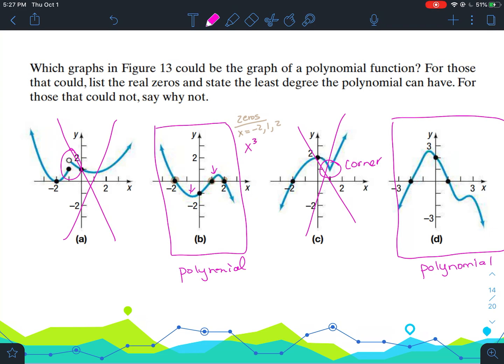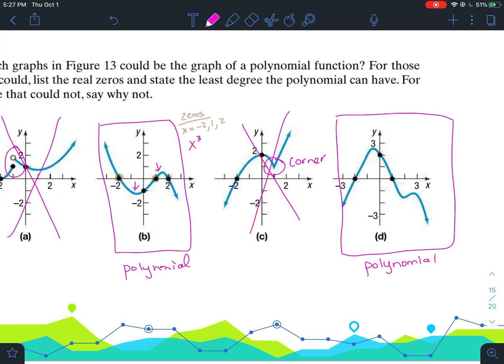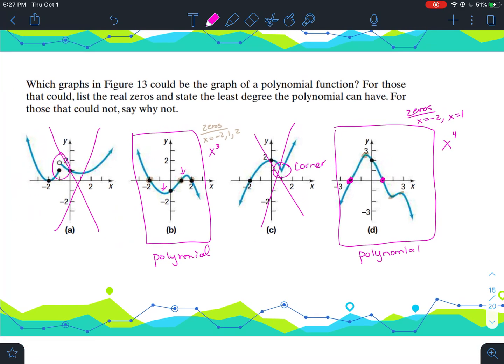The smallest degree this polynomial could have would be x to the 3rd because it has 2 turning points. This polynomial over here has zeros at x equals -2, and x equals 1. And then again, this guy has 1, 2, 3 turning points. So 3 turning points, the smallest degree this could have would be x to the 4th.